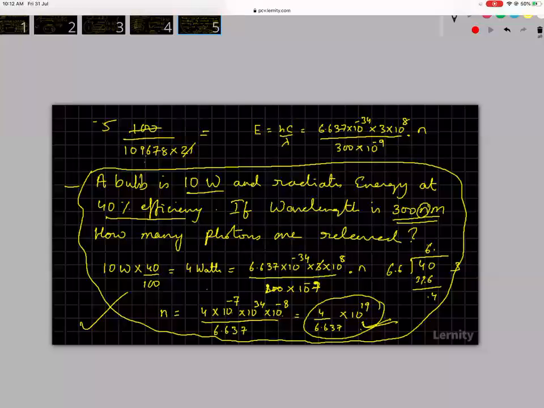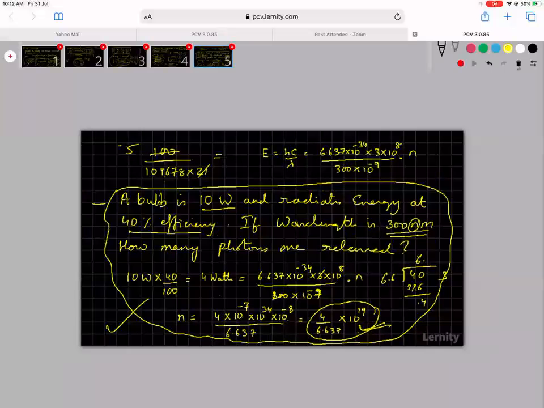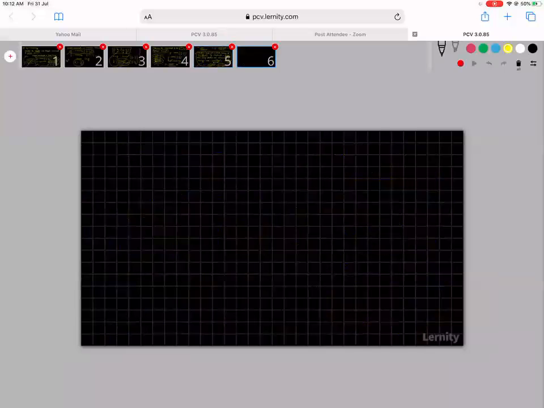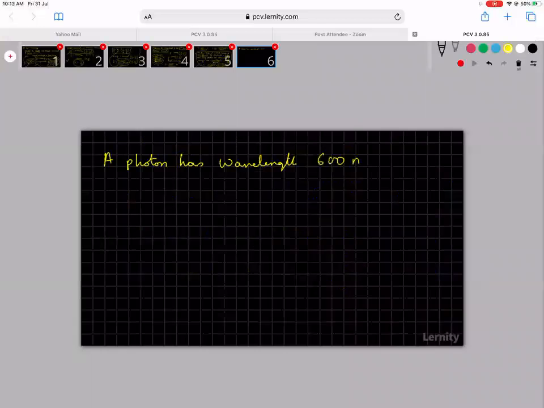Then we'll write down another question. A photon has wavelength 600 nanometer.